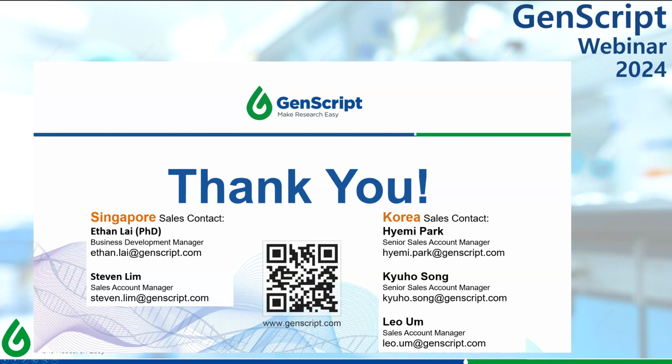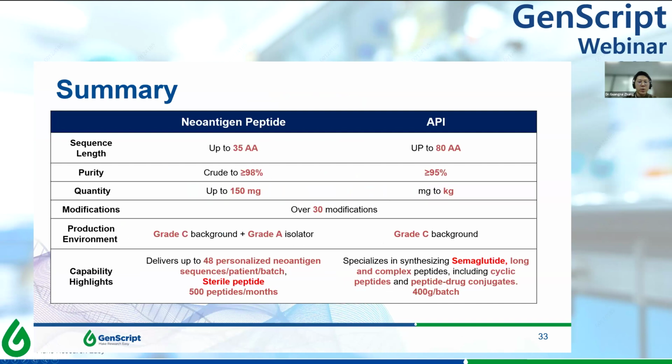So for the first question, what is the production scale of a single batch? We can provide small scale production batches. As I showed in the final slide, for the API we can provide 400 gram per batch. This batch is for the GMP grade API.